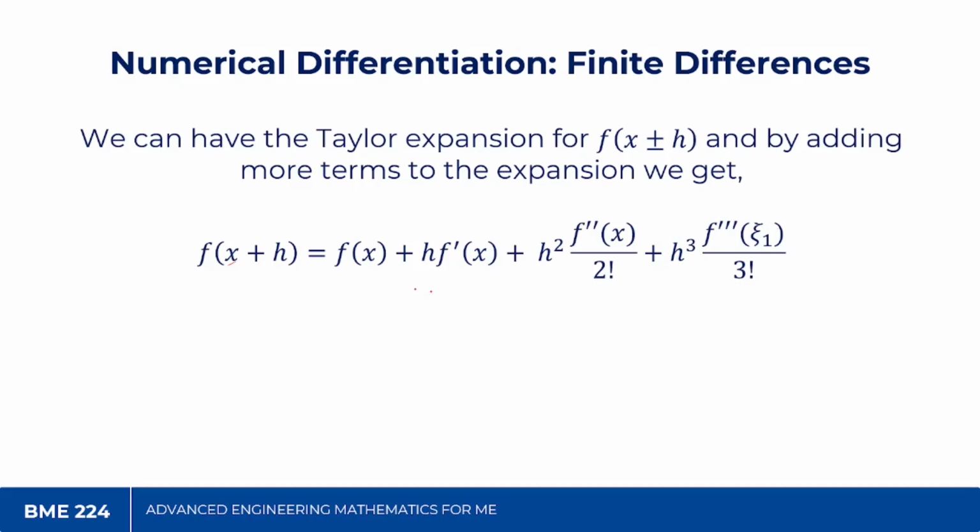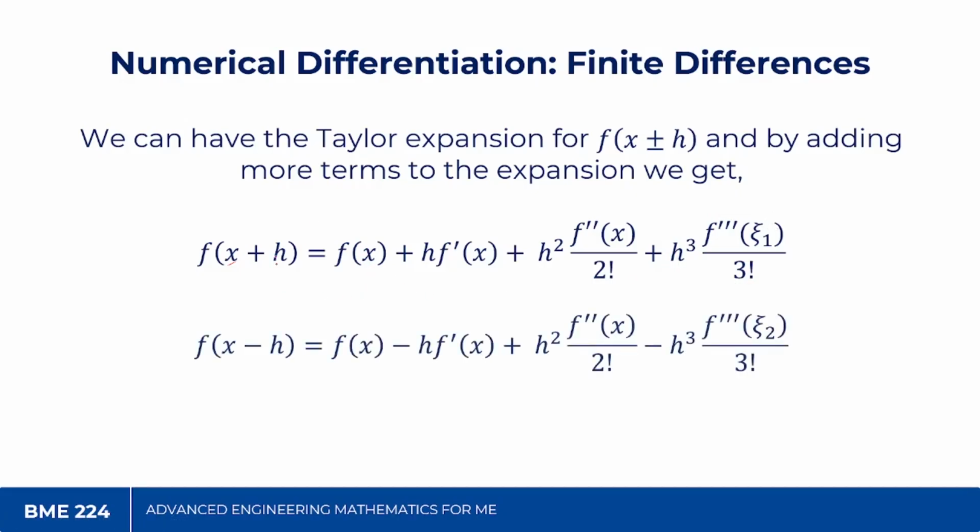And then for f of x minus h, positive and negative, the sign just alternates. The numerical value stays the same, but the sign alternates: positive, negative, positive, negative.